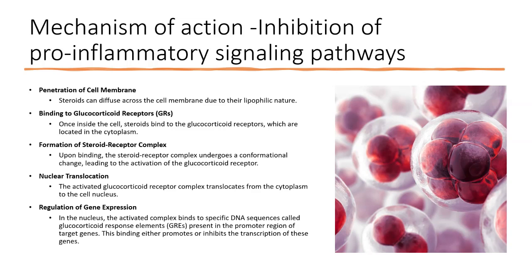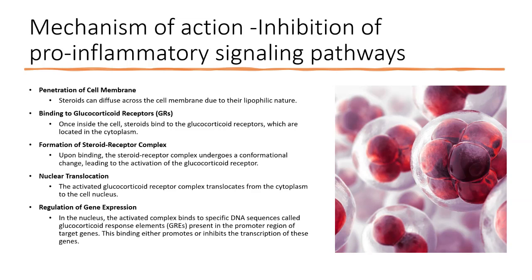Regulation of gene expression. Once in the nucleus, the activated glucocorticoid receptor complex binds to specific DNA sequences known as glucocorticoid response elements, GREs. These GREs are located in the promoter regions of target genes. By binding to these elements, the steroid receptor complex can either promote or inhibit the transcription of these genes.